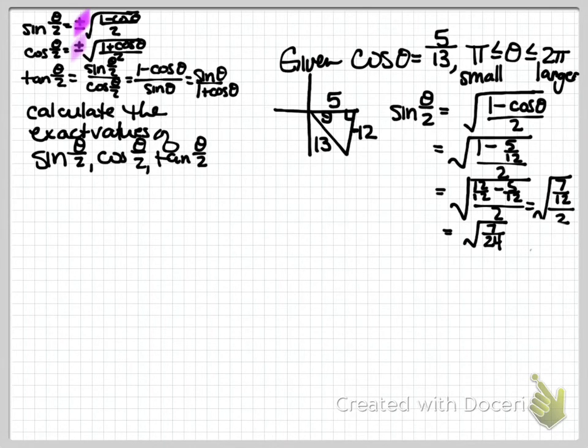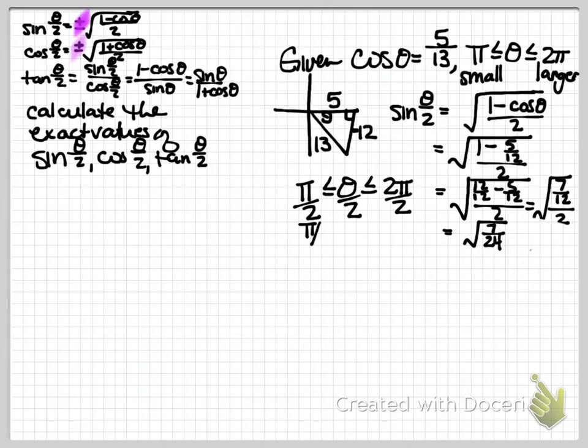Now is where we decide where our angle is. We could do cosine too, but let's just do it right now. So I know that theta is between pi and 2 pi. So to find theta divided by 2, I'm going to divide all of these by 2. Divide our restriction by 2.